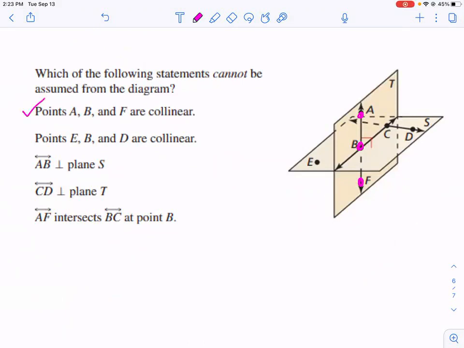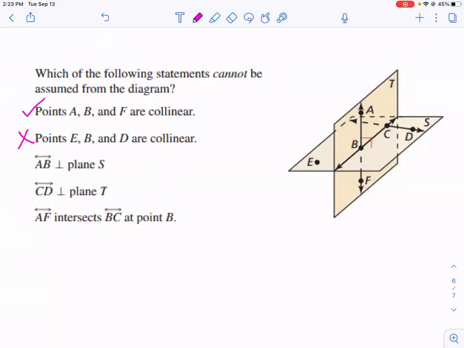Check mark. They're on a line, people. Do we have a line through them? Then we can't assume.